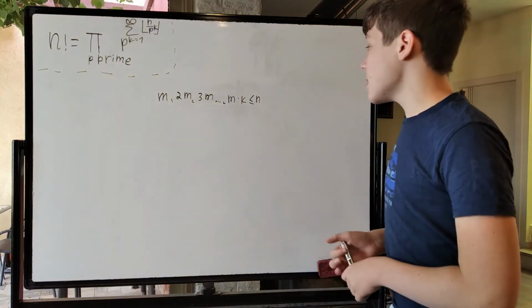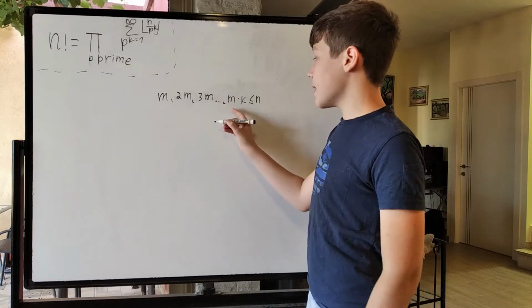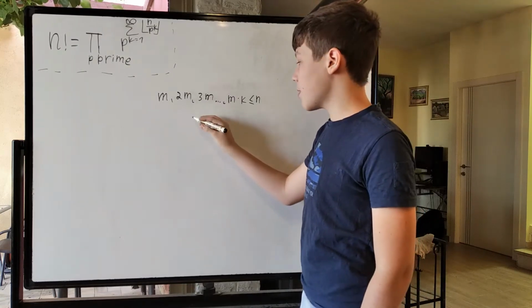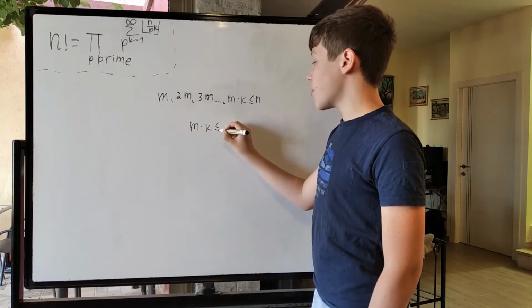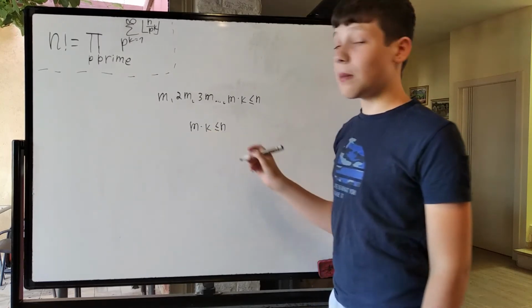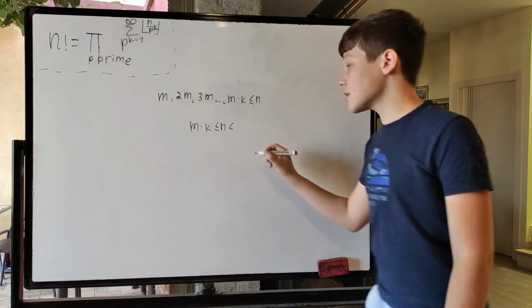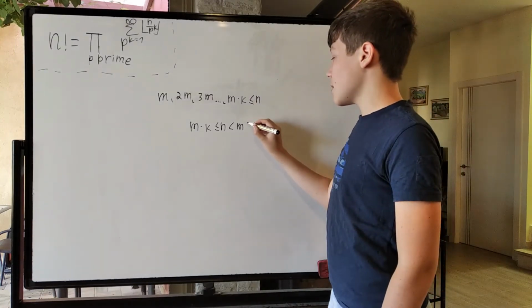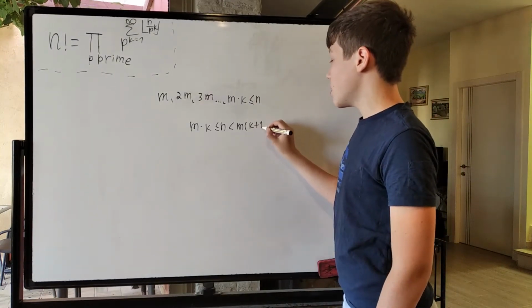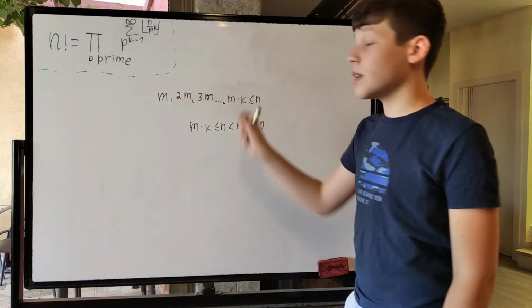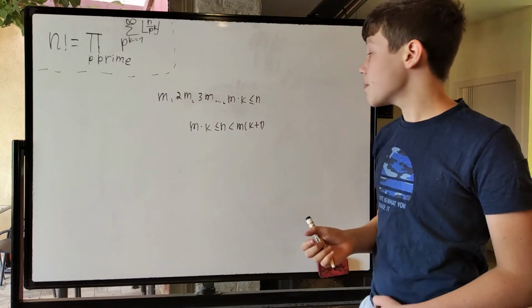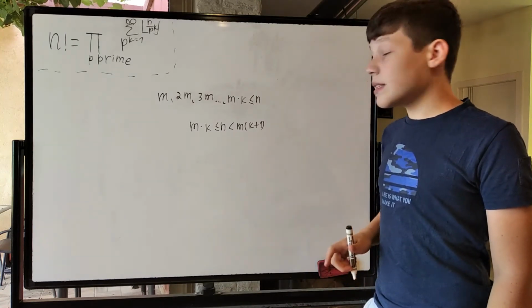So what this tells us is the biggest multiple here, which is m times k, is smaller than or equal to n, but because it's the biggest one, that means that the next one, which is m times k plus 1, must be bigger than n, because otherwise it would be part of this group, but it isn't.